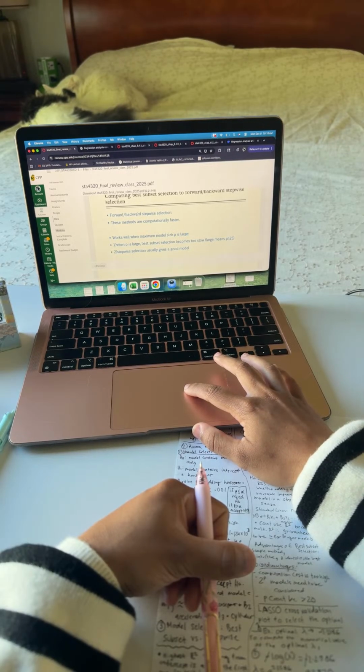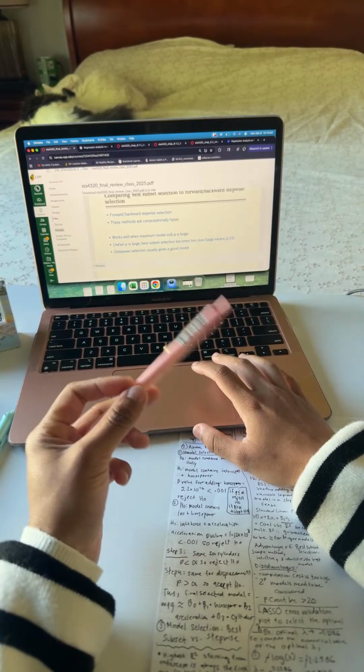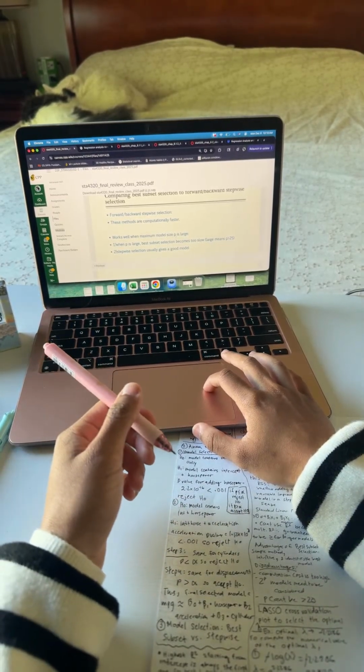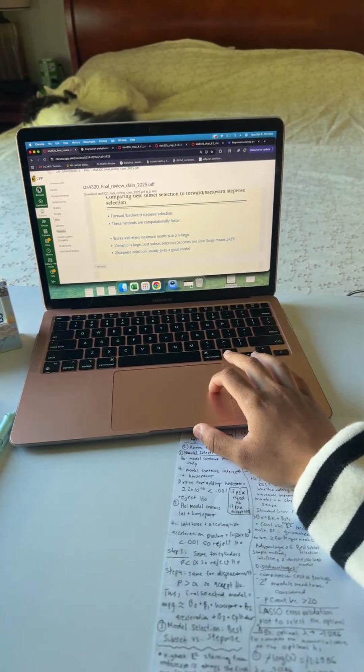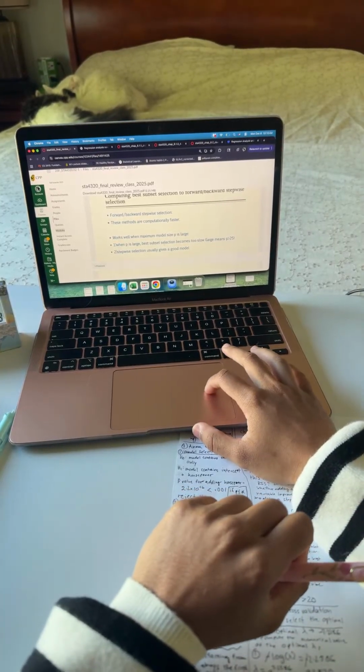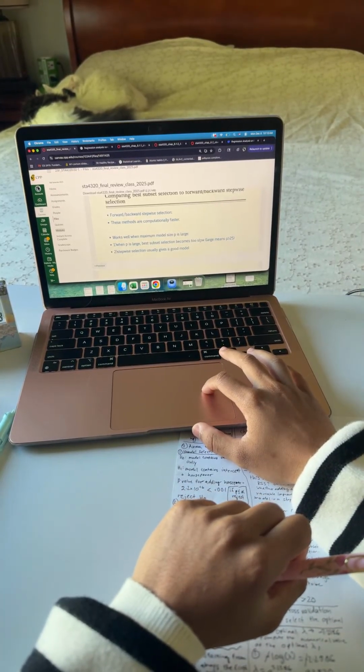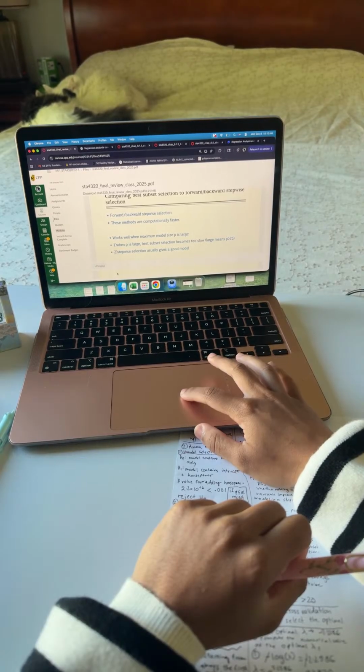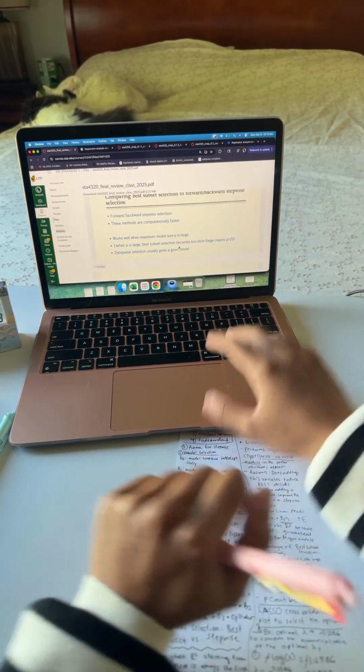Or works well when maximum model size p is large. When p is large, best subset selection becomes too slow. So stepwise selection is good for this.